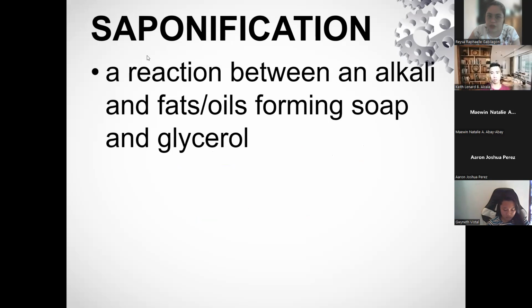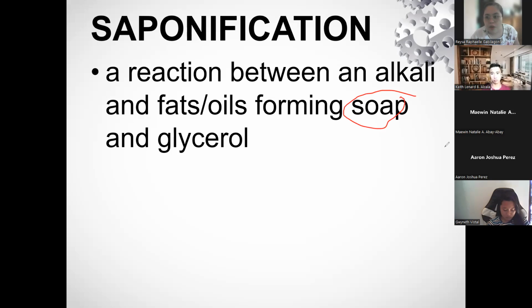And we have this saponification. From the name itself, saponification, the goal here for the chemical reaction is to produce soap. Okay, so you will have an experiment for this, I think, in your organic chemistry in your second year, where you will be taught how to make a soap.